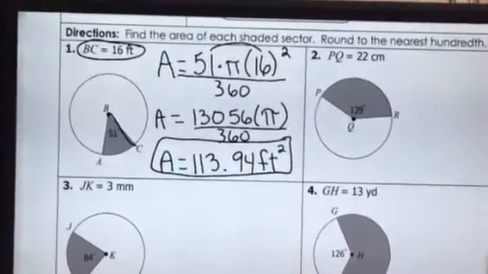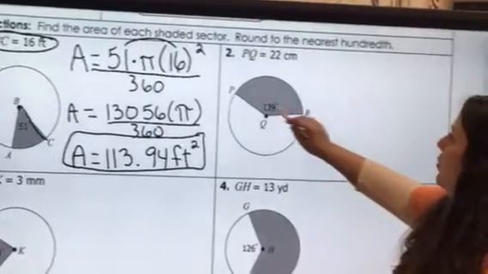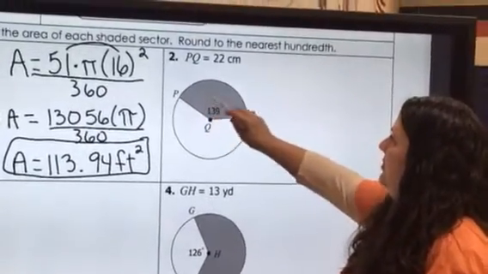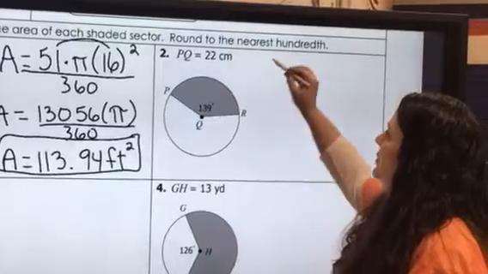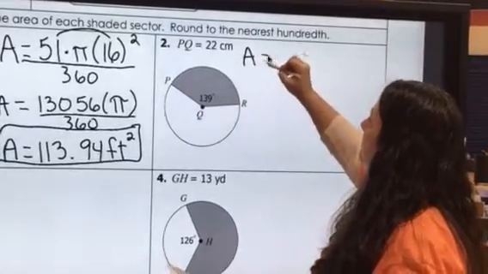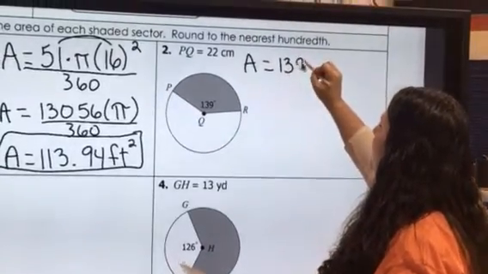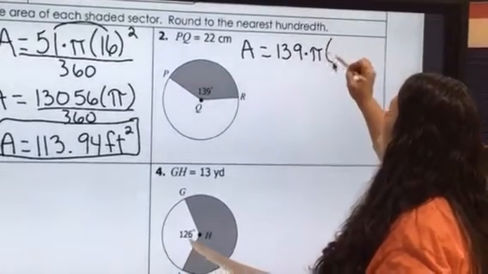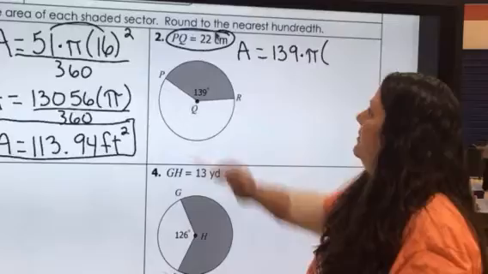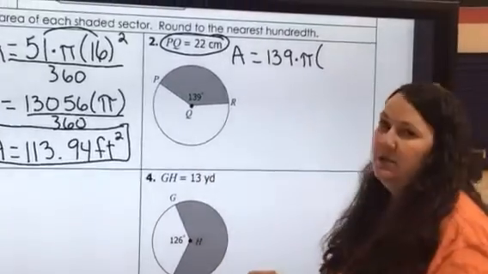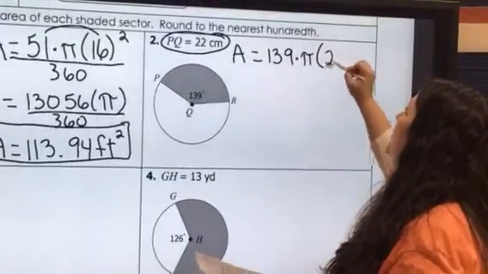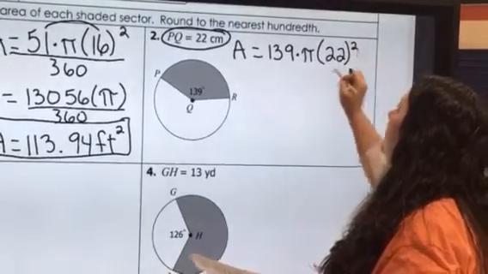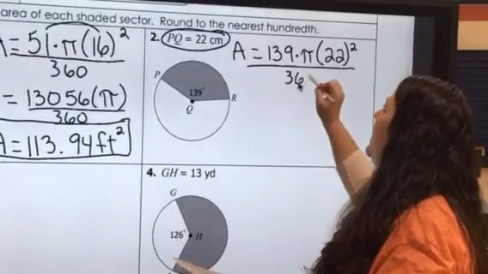On number 2, again, we do the degrees that we're talking about in here. So it's going to be 139 times pi times our radius squared. The radius this time is 22, so we're going to put 22 squared divided by 360.